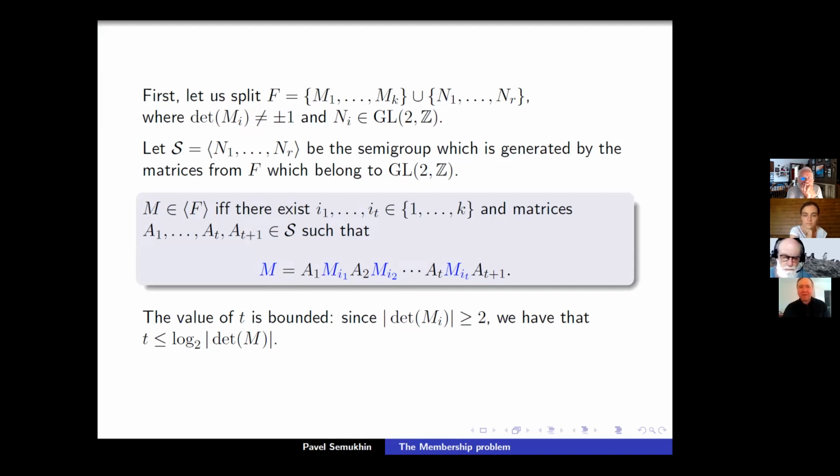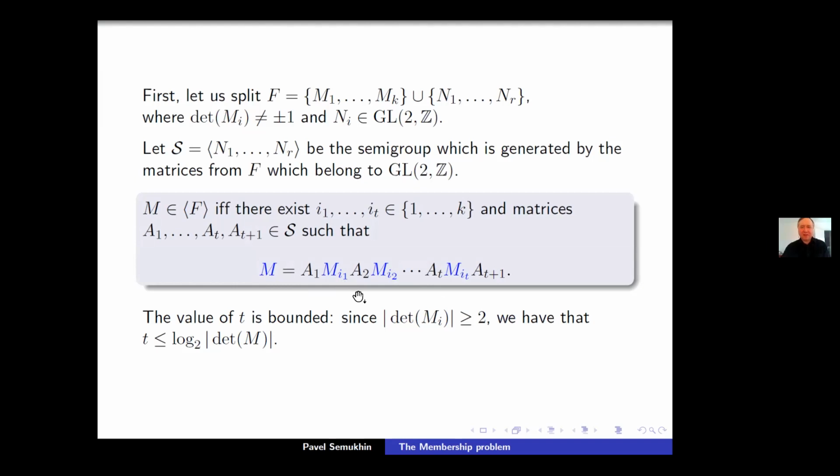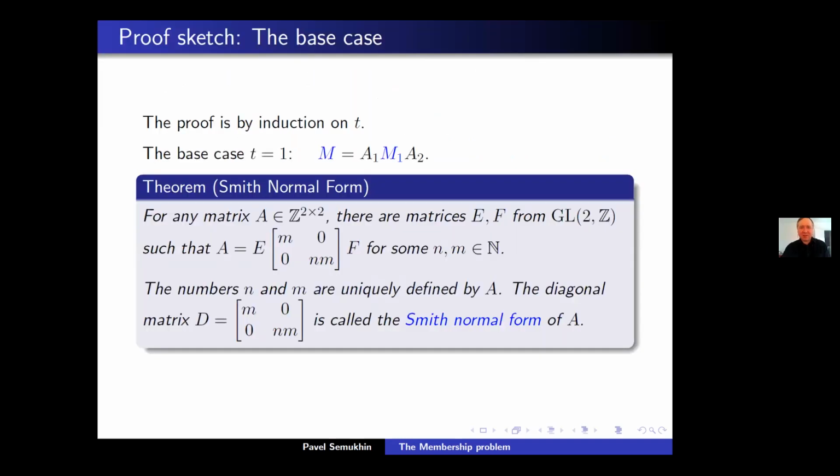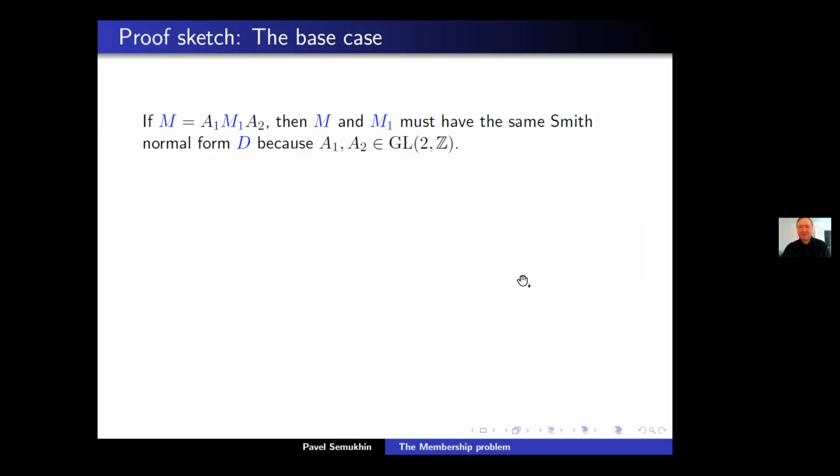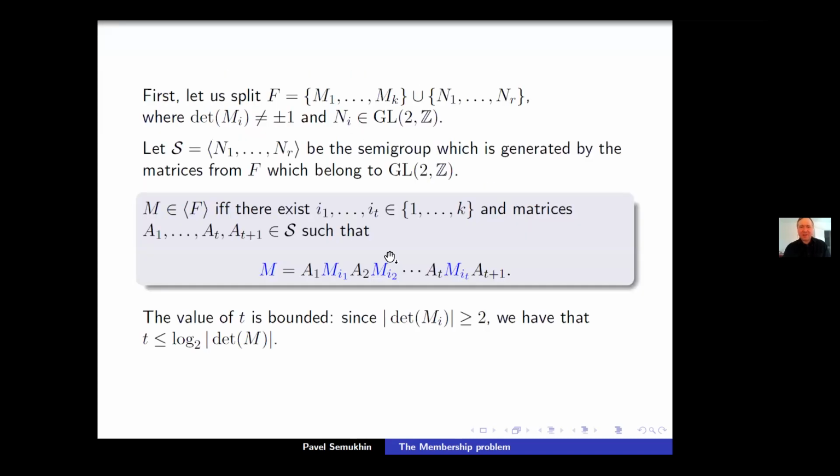But when we have matrices with 0 determinant, their Smith normal form looks much simpler. Basically, the Smith normal form for singular matrices looks like this, where n is equal to 0. So it looks like 1, 0, 0, 0. And so in an equation like this, instead of these blue matrices here, we would have this matrix of the form 1, 0, 0, 0.